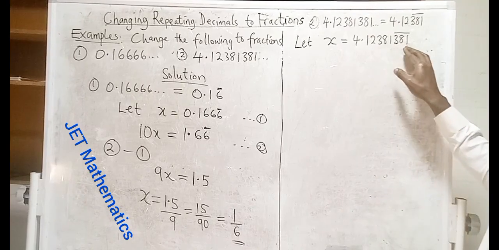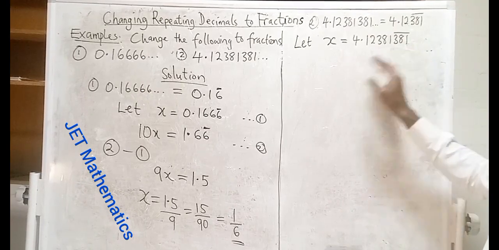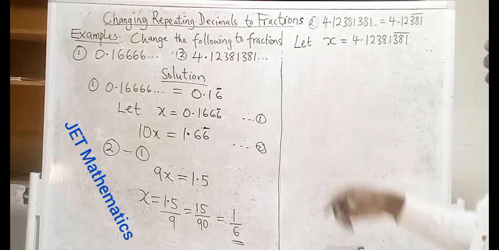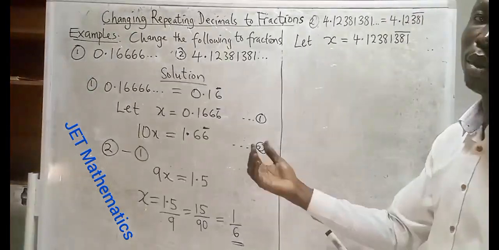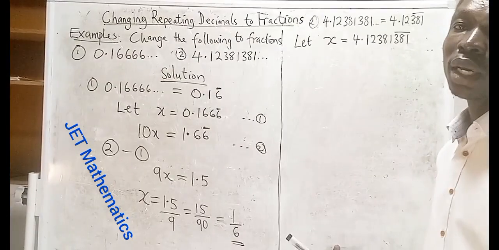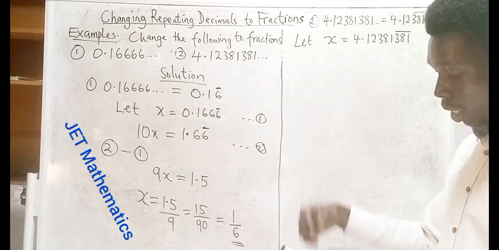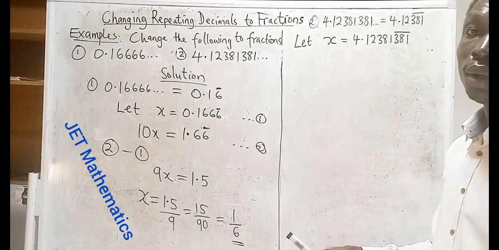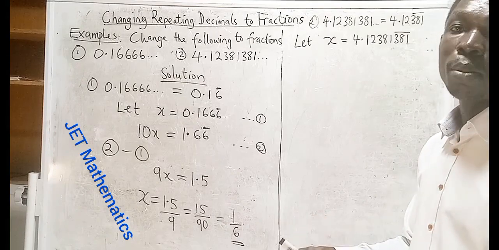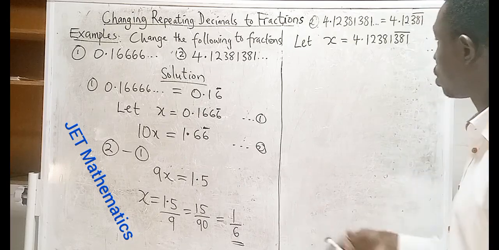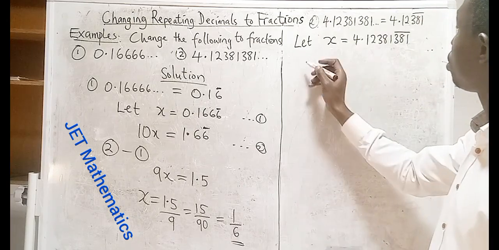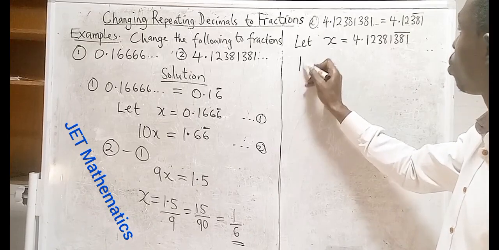If these three numbers are repeating themselves, it means we'll multiply by 1000. In the last video, I told you if one number is repeating itself, you multiply by 10. If two numbers are repeating themselves, multiply by 100. If three numbers are repeating themselves, you multiply by 1000. That is the idea. So we multiply this by 1000.